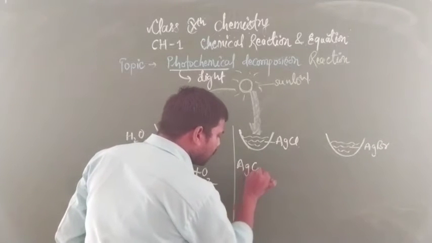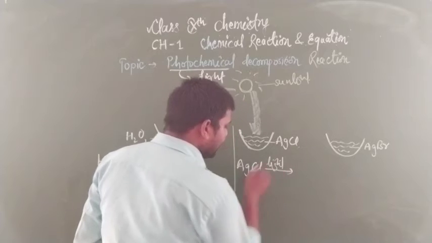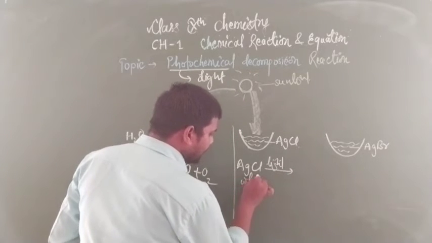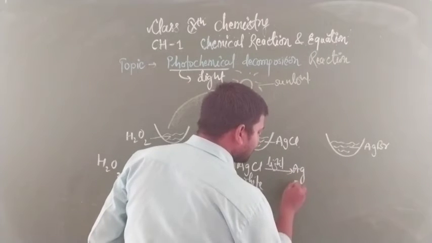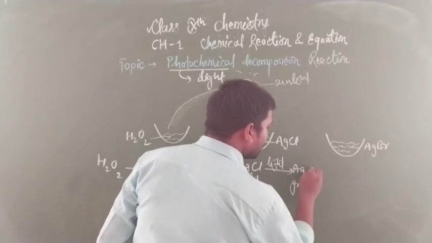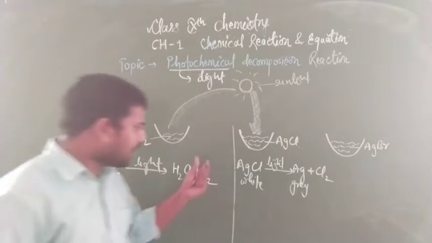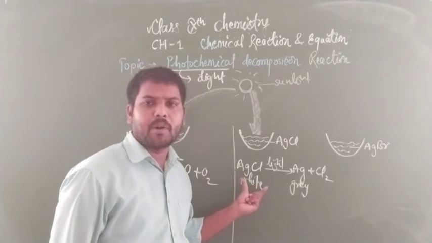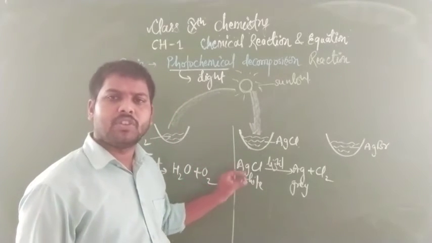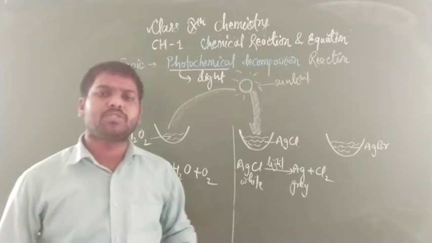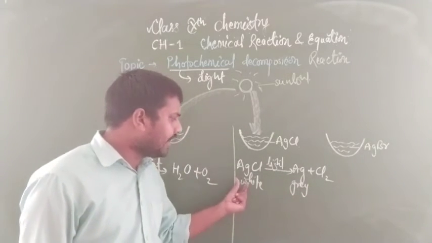So silver chloride is converted to silver metal, which is grey in color, and chlorine gas. So again we see that there is a single compound, silver chloride, and when the ray of sunlight falls on it, it splits into two parts, and the color changes from white to grey.